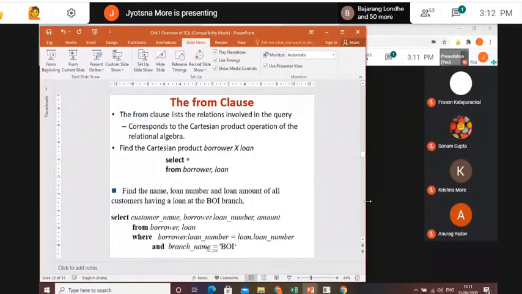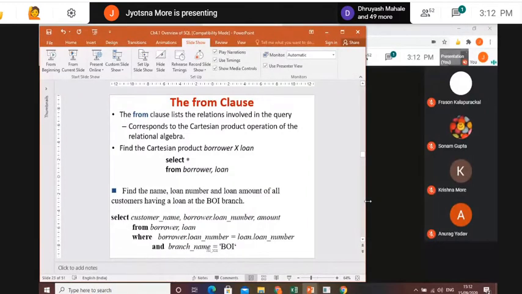Here, as they have not given you any schema, you can consider any attribute name related to the question. For example, if they have published in year 2004, you can use publishing year, publish underscore year, whatever attribute name you feel is better. As they have not given any schema, right now these are simple queries we are doing.